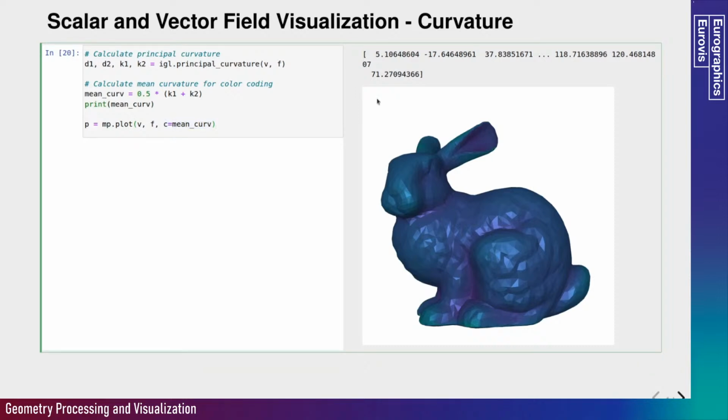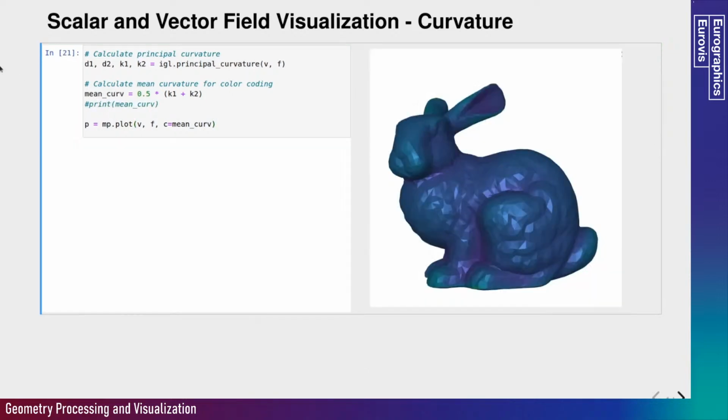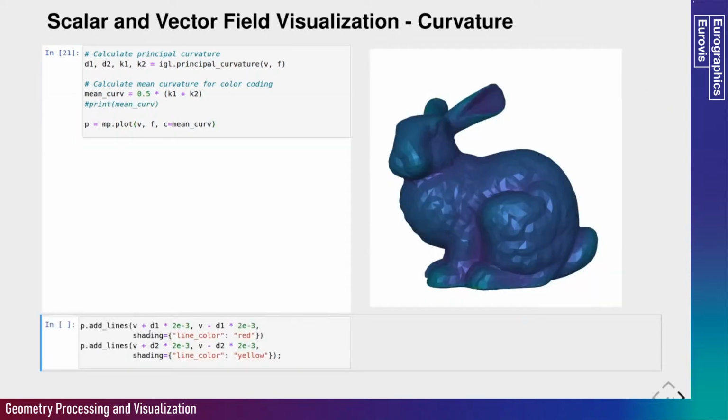So what if we not only want to use a color-coded visualization but also something different, like visualizing the principal curvature directions?